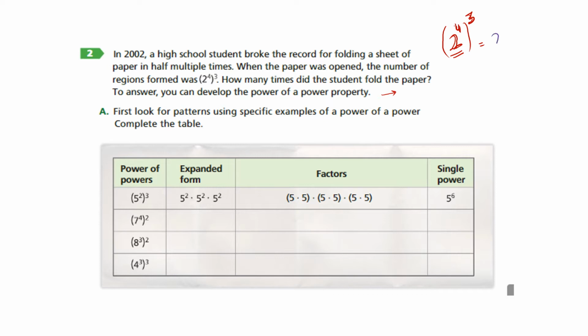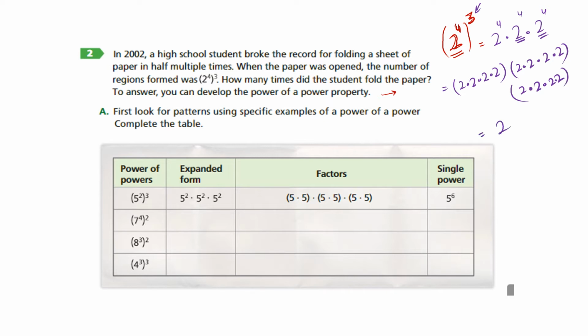So you write 2 to the power of 4 times 2 to the power of 4 times 2 to the power of 4. Why did we write it 3 times? Because the power is 3. Now break this down: 2 to the power of 4 means 2 four times, and each of the three factors means 2 four times.